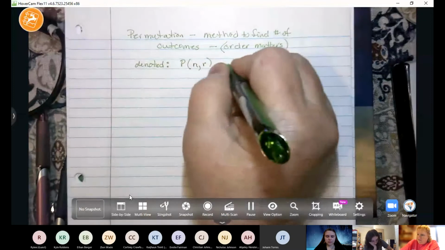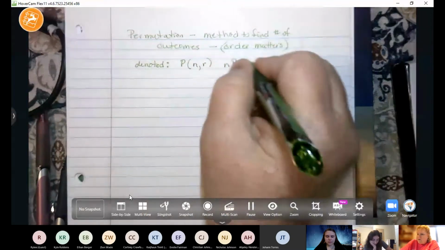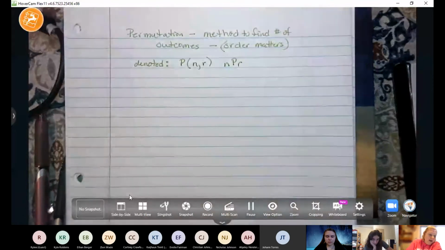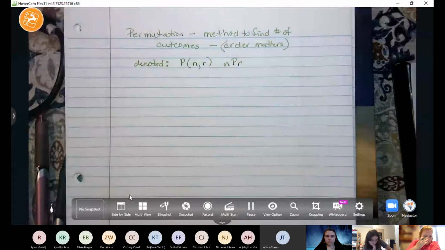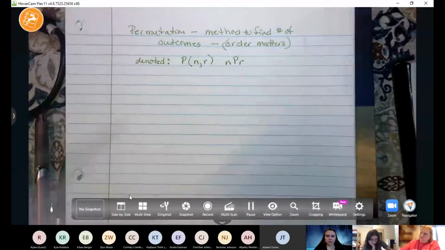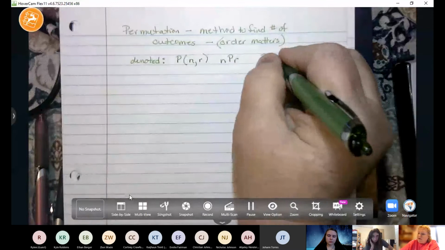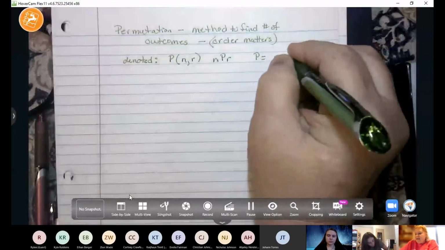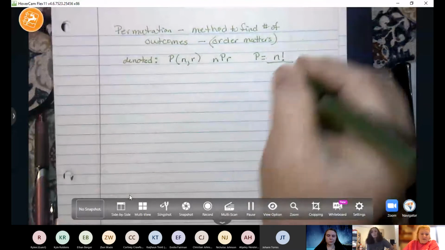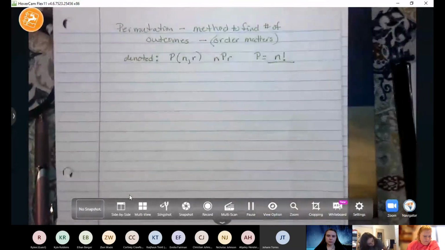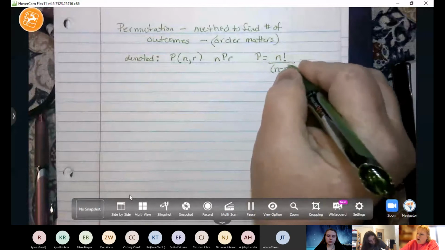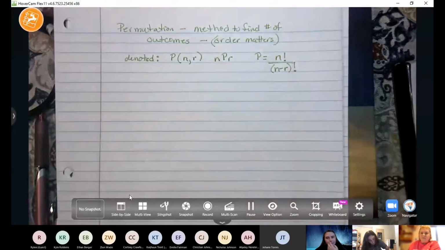It can be written as n permutation R, n selected R ways. The formula to do a calculation for a permutation is to use n with a little exclamation mark on top over n minus R with an exclamation mark.